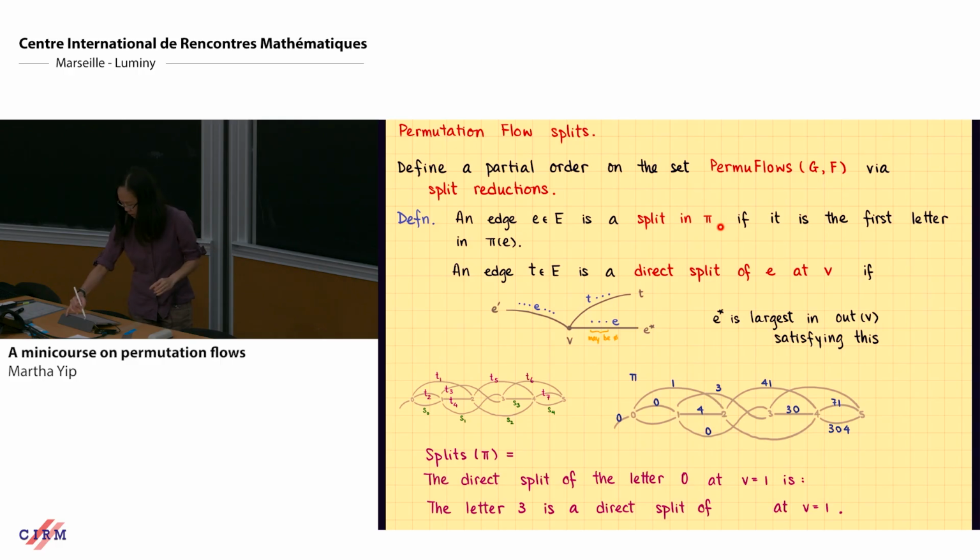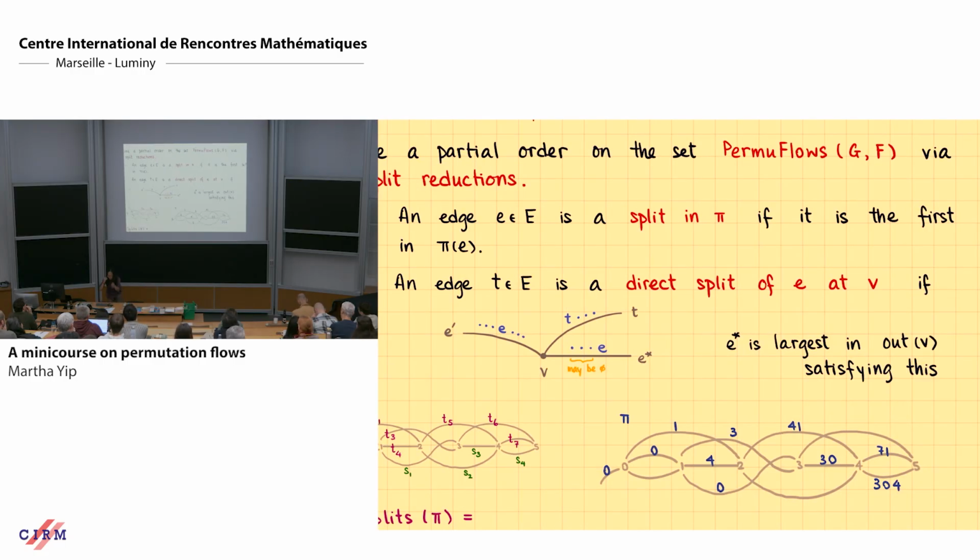A split in a permutation flow is just an edge if its first letter is E. So it's related to splits in the other sense. And then an edge is a direct split of E at V if this diagram happens.